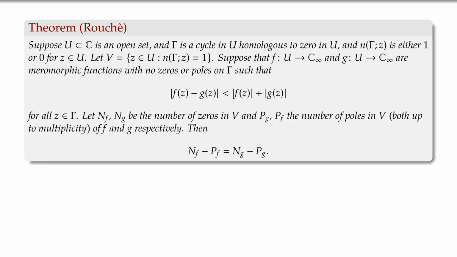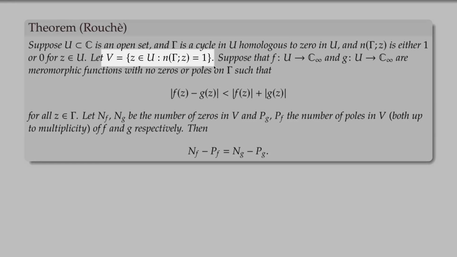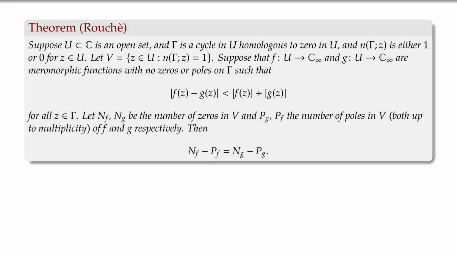It goes around some points once, and it just doesn't go around some other points. And so now we can have a nice definition of what's inside gamma. Well, it's all those points that gamma only goes around once. So that's the inside of gamma.